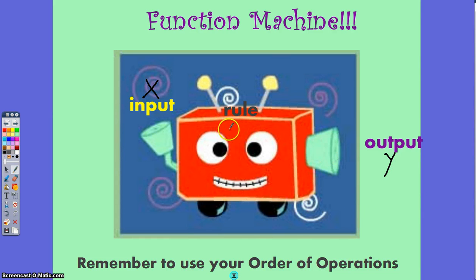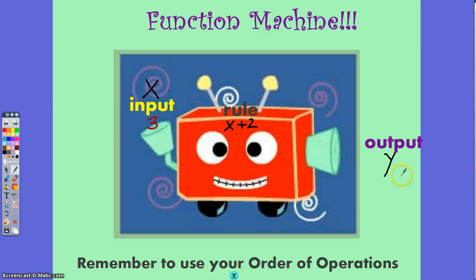So let's say we have an example of a rule like x plus 2. If I have the input value of 3, so an x value of 3 is going to go into this machine, then it has to use this rule, so the x value has to be added with 2, so I'd have 3 plus 2.